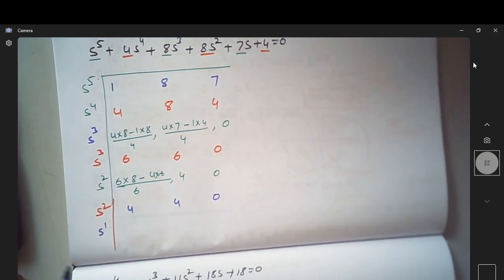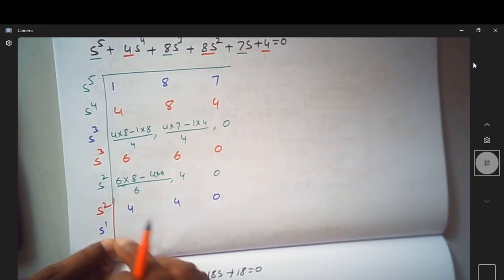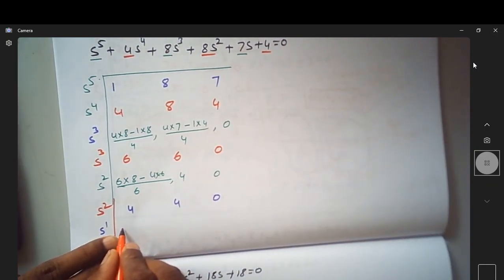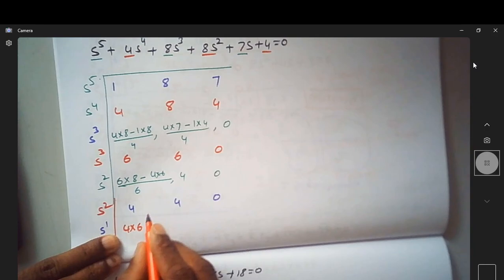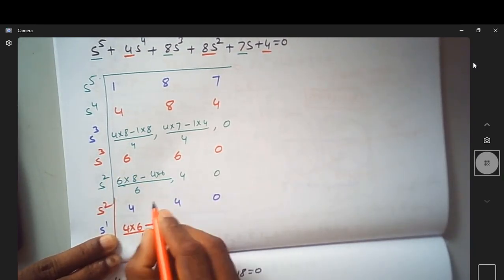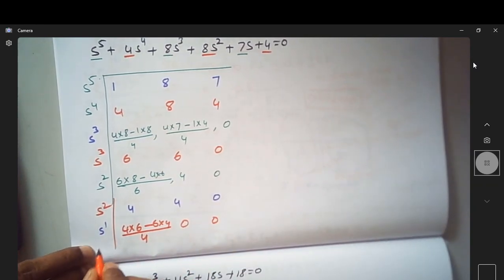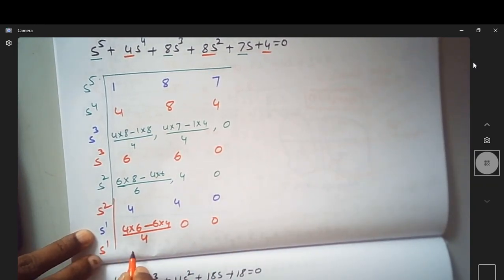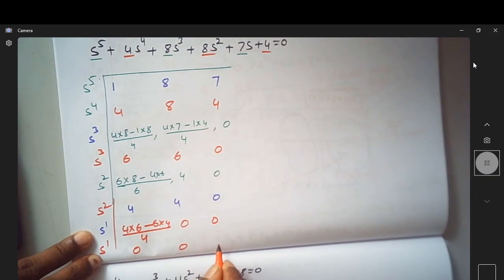What is s power 1? It is 4 into 6 minus 6 into 4 by 4, which is 0, 0. So s power 1 happens to be 0, 0, 0.